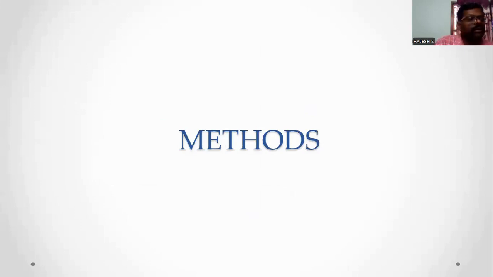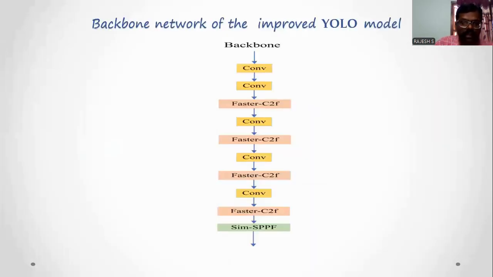Now coming to methods used to improve real-time object detection based on YOLOv8. So we'll see the methods we applied to improve the real-time object detection method based on YOLOv8. First one is the backbone network of the improved YOLO model.